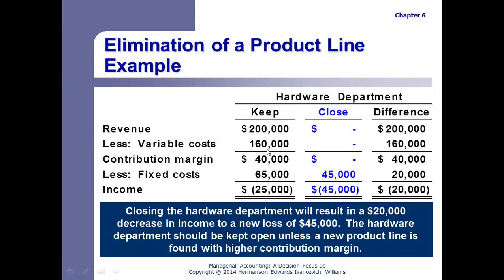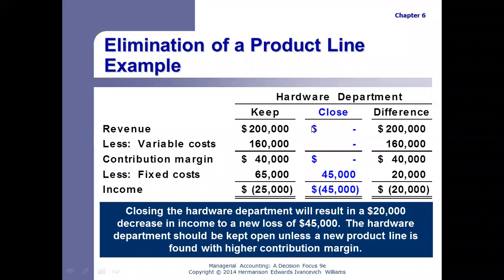The variable cost was 160, so the contribution margin is 40. The fixed costs were the $20,000 in salaries and $45,000 of the allocated fixed cost. So it looks like that department has a $25,000 loss. The decision is, should we keep the hardware department going, losing $25,000, or should we close it?